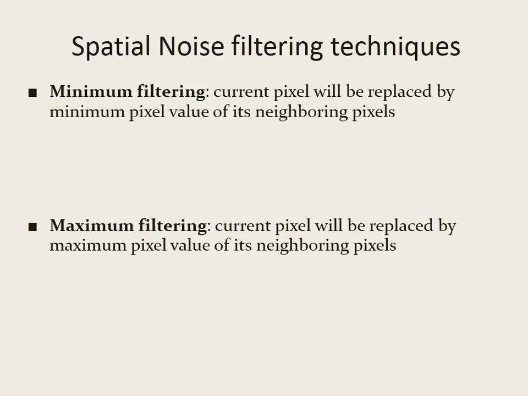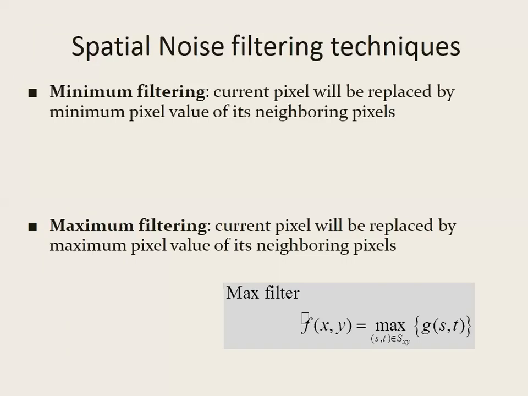Or you can use maximum filtering. Again, maximum filtering means identify the maximum value using the max function. That maximum value should be compared with the central pixel. If they are the same, the pixel is okay.